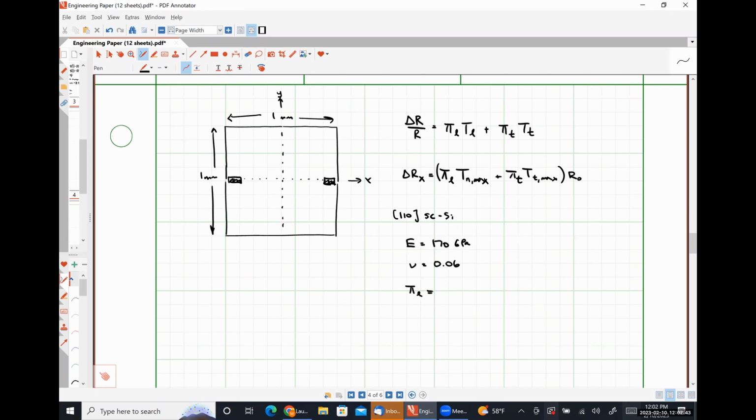Our longitudinal piezoresistive coefficient, that was very loud, is 71.8 times 10 to the negative 11 per pascal. And our transverse piezoresistive coefficient is negative 66.3 times 10 to the negative 11 per pascal.